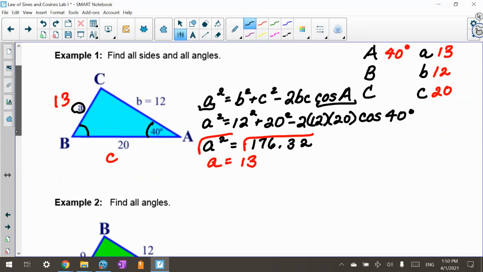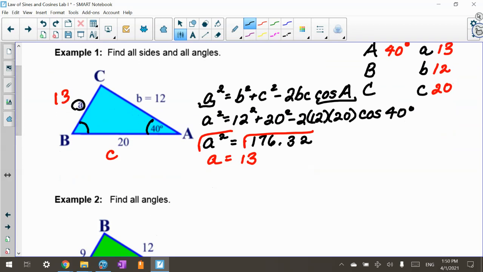Because I already have a side opposite, we can use the law of sines. I love using both, but the law of sines is my favorite. So I'm going to say, okay, 13 is to the sine of 40 degrees, because that's the one we just found, as 12, because we're doing side B, is to the sine of B. Okay?